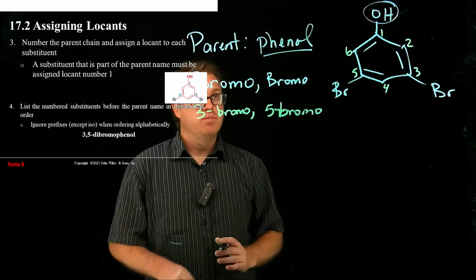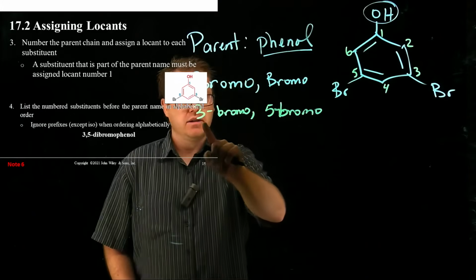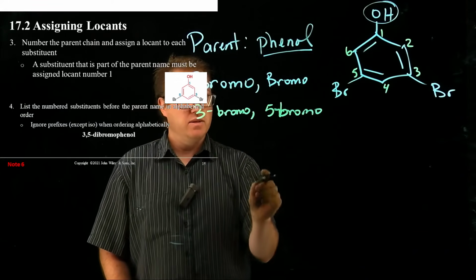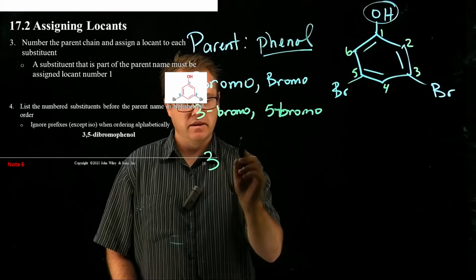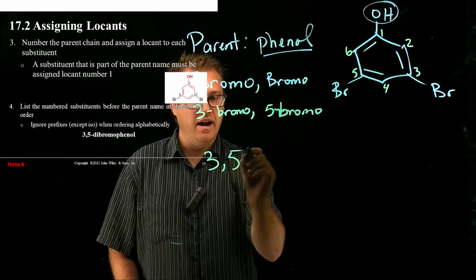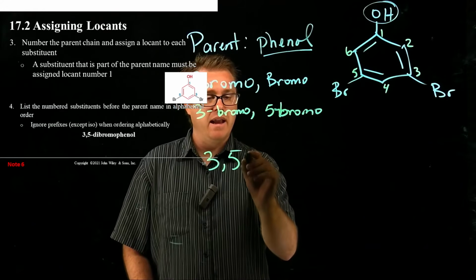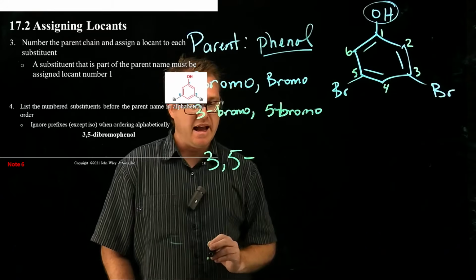And now you just put it all together. We have to put the bromos first. Since there's 2 of them, we go 3,5. That's telling us the location of the bromines. Whenever you have numbers and letters, you have to separate them by a dash.